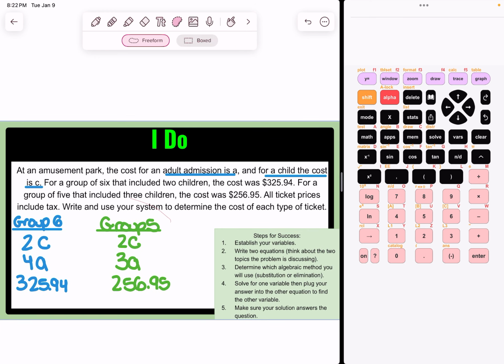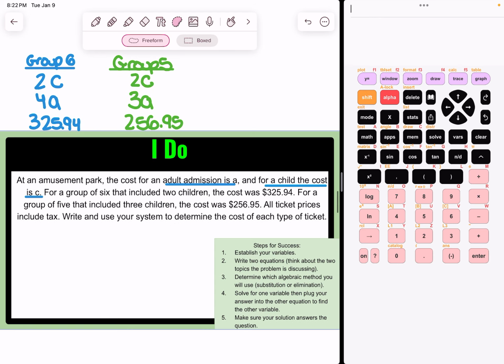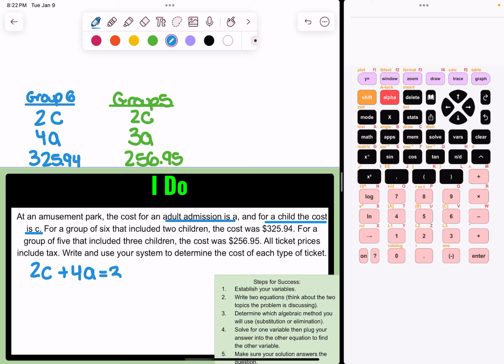All right. So we're going to use this data to write down our 2 systems. For the first one, we have the 2 children plus the 4 adults equals $325.94.